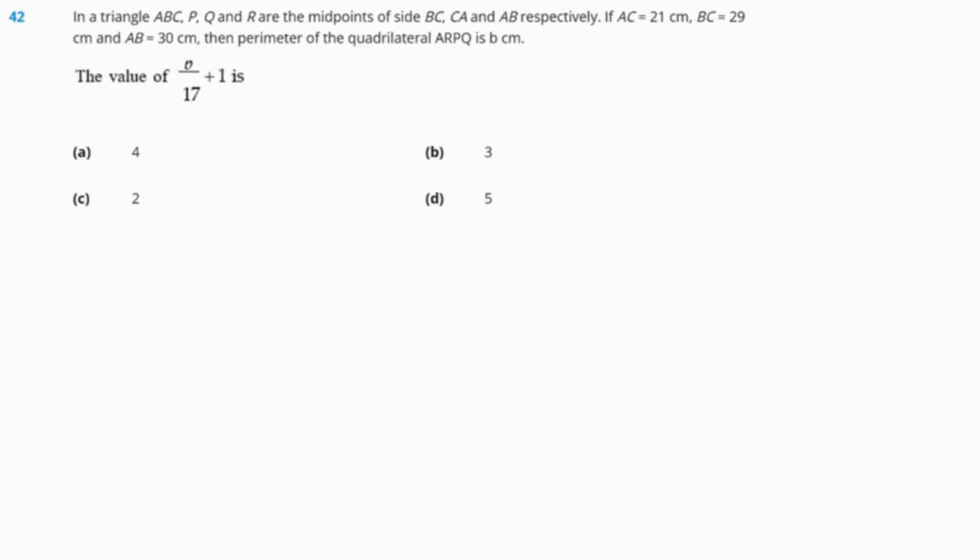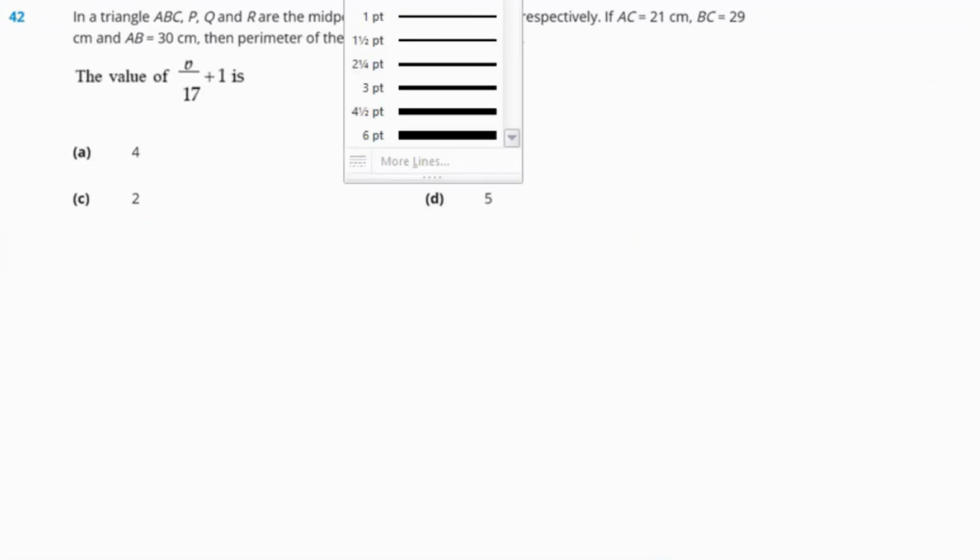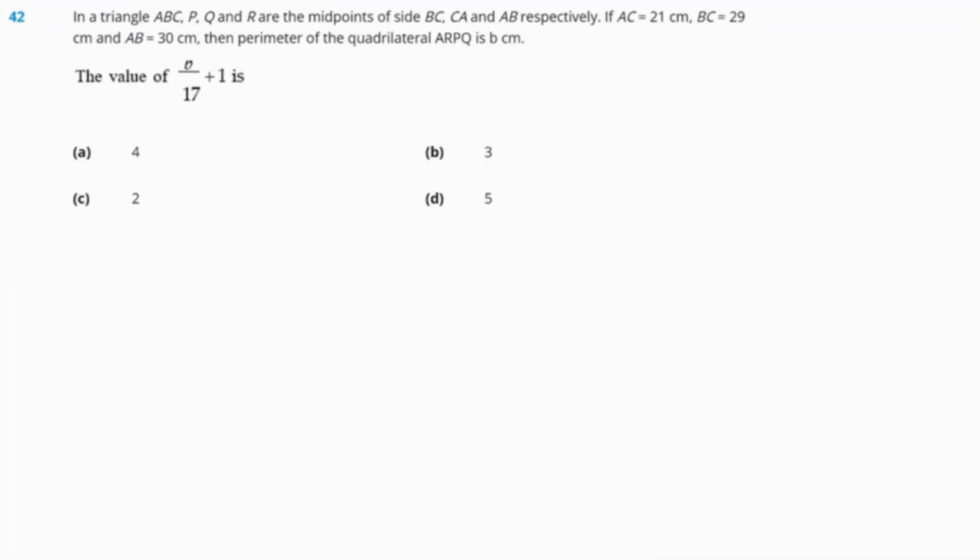Okay, so in a triangle ABC, P, Q, R are the midpoints of the sides BC, CA and AB respectively.